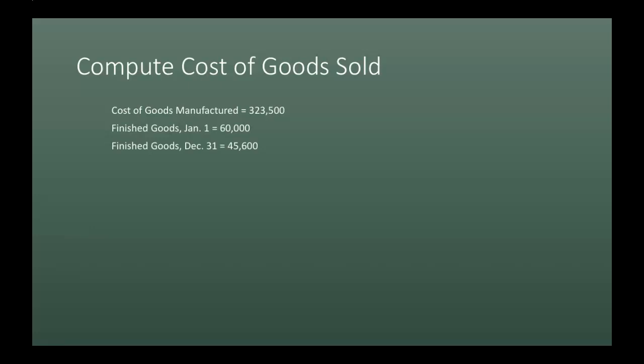So now part B wanted us to compute the cost of goods sold. So we're going to need a few different pieces from the problem to find our cost of goods sold. We have our cost of goods manufactured that we just found. And we have our beginning finished goods from January 1st, and then our ending finished goods from December 31st.